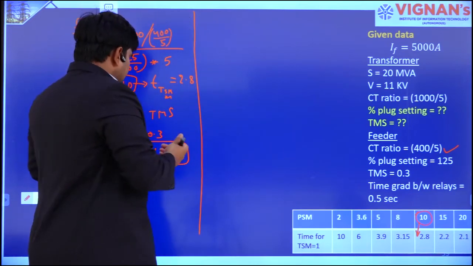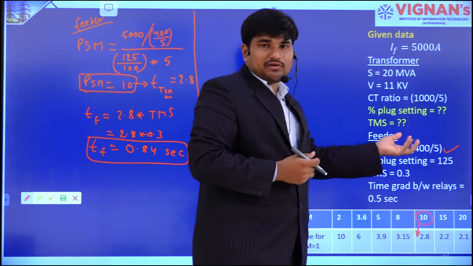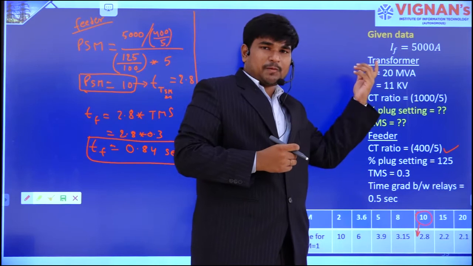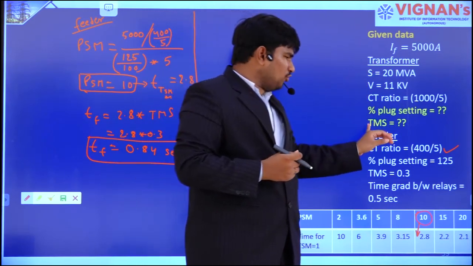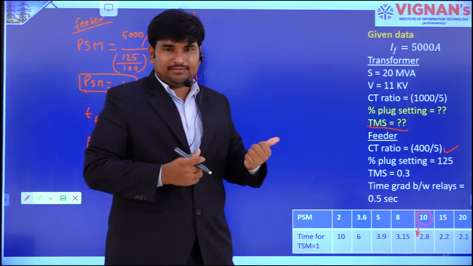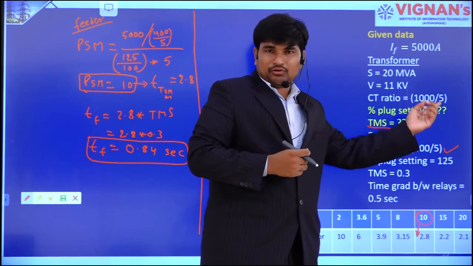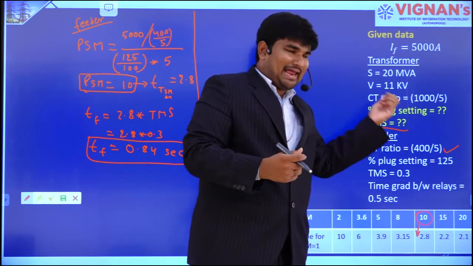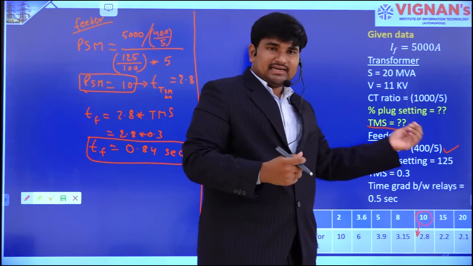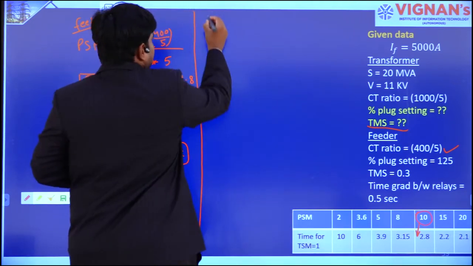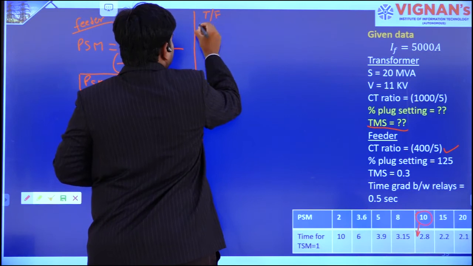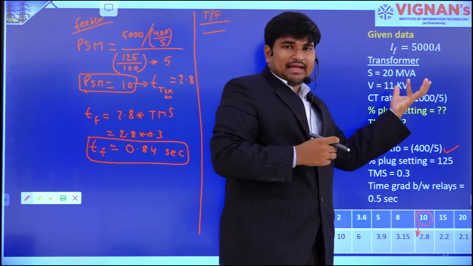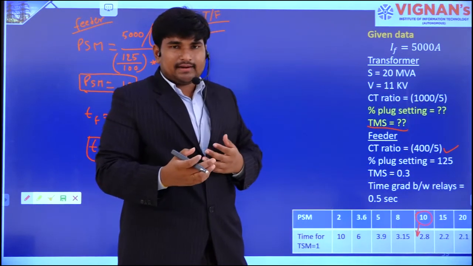Now the same I need to calculate for the transformer as well. But in case of the transformer, if you observe the previous problem, the unknown quantity was the TMS value only. But here two unknowns are there. So I need to find out one unknown first, then I will calculate PSM, then I will calculate TMS. For that, in case of the transformer, first I need to calculate the amount of current that is passing through the transformer relay.